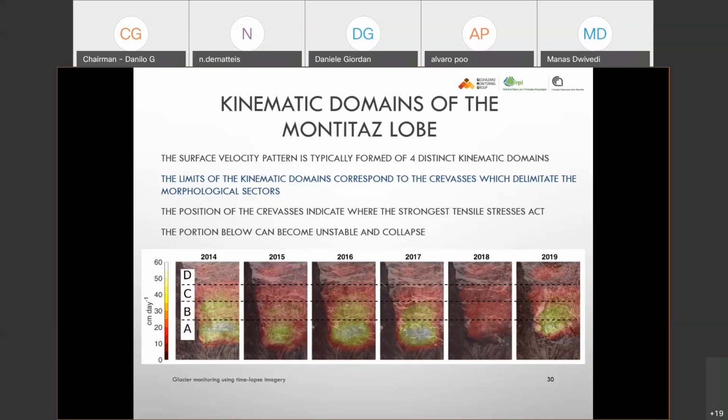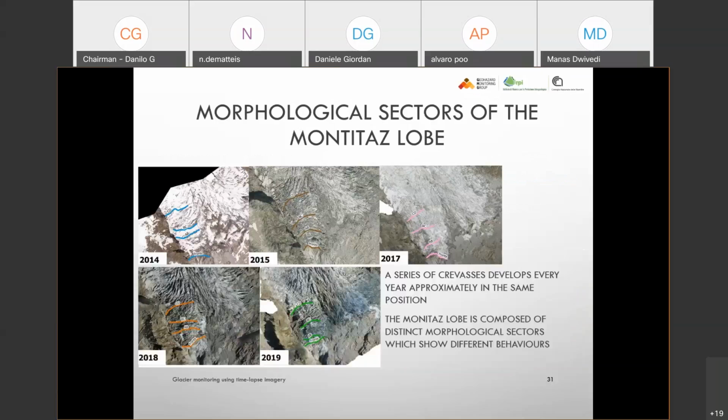What is a kinematic domain? It is an area characterized by uniform velocity. Therefore, this means that there is a gradient between different kinematic domains. But the interesting thing is that the limits of these domains correspond to the position of some crevasses.